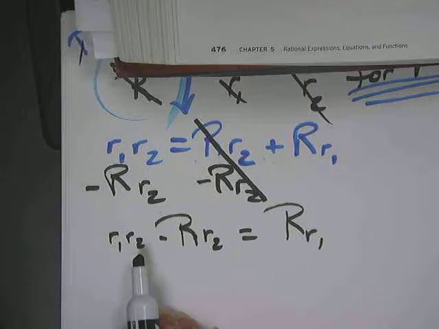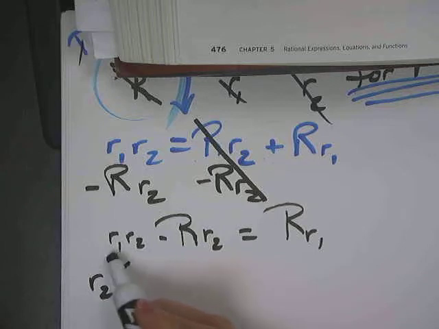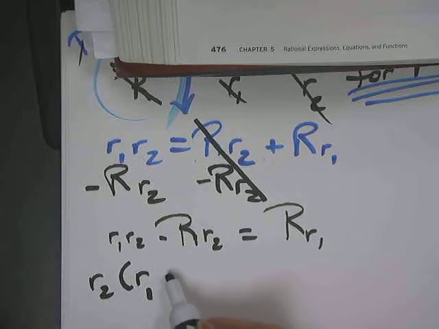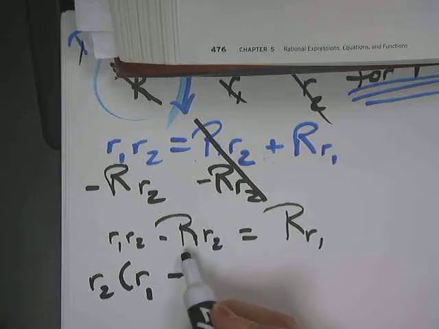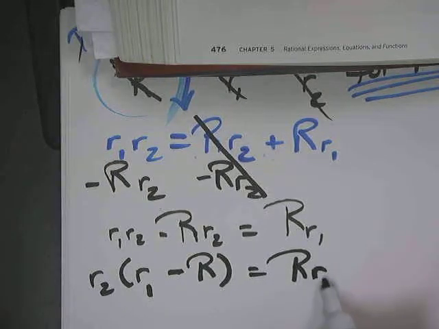Okay. What do you see you can do with these two things here? There's something in common. Factor out the greatest common factor, which is the R2. For the first term, what do you have left? R1, R1.